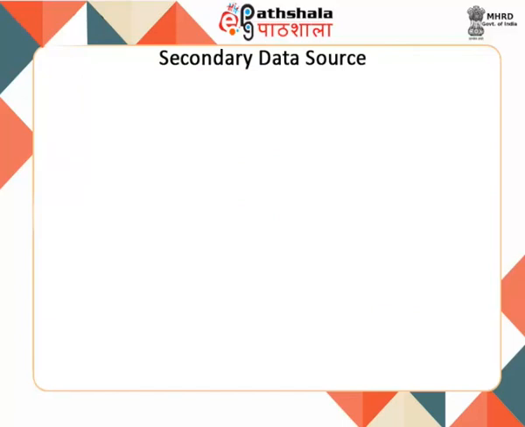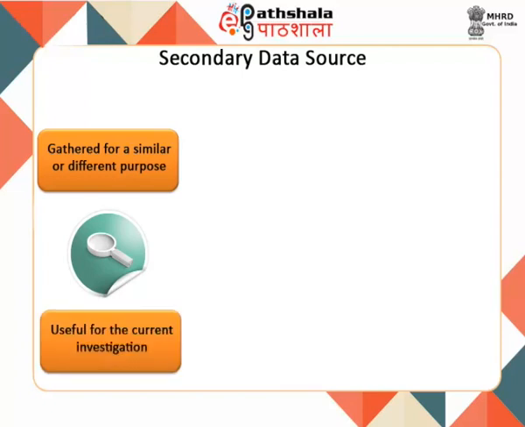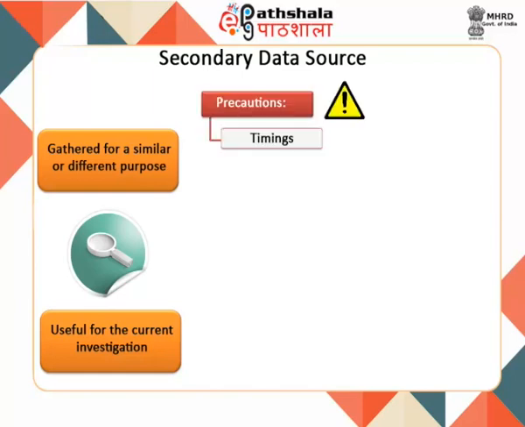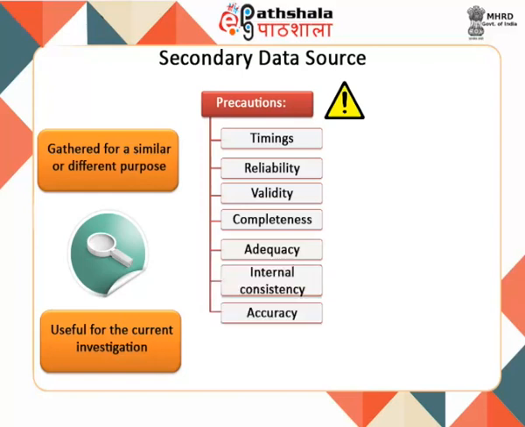Secondary data source. The secondary data sources provide data which has been gathered for a similar or different purpose by some other research agency. Such data may be useful for the current investigation. It must be used with necessary precautions of checking its timings, reliability, validity, completeness, adequacy, internal consistency, and accuracy.